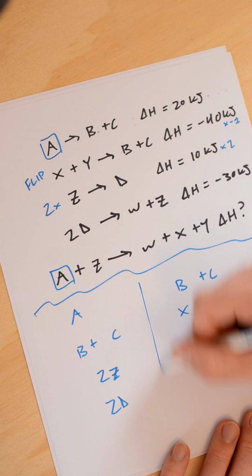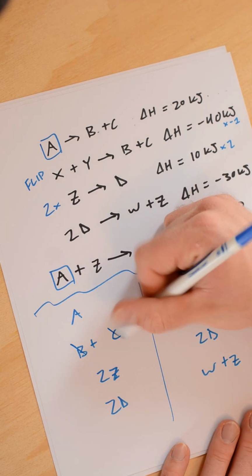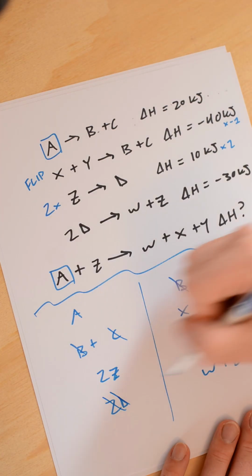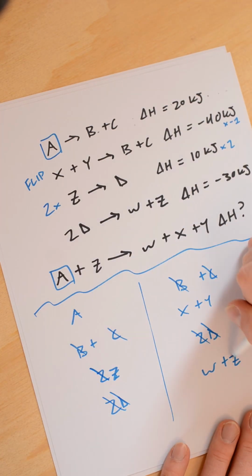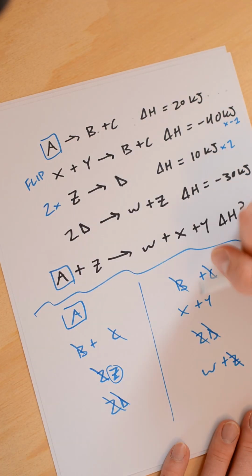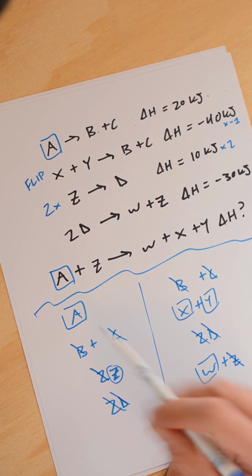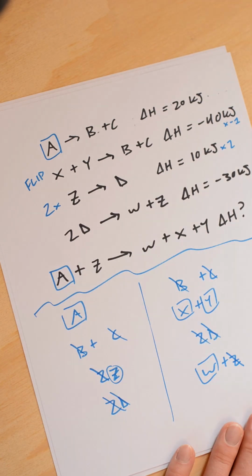What's the result of combining these? Well, B cancels with B, C cancels with C. 2D cancels, 2Z and 1Z. One of these Z's will cancel, I'll have one left over. So I have A, Z, X, Y, W.